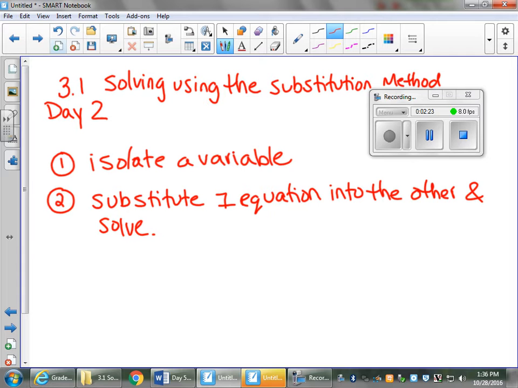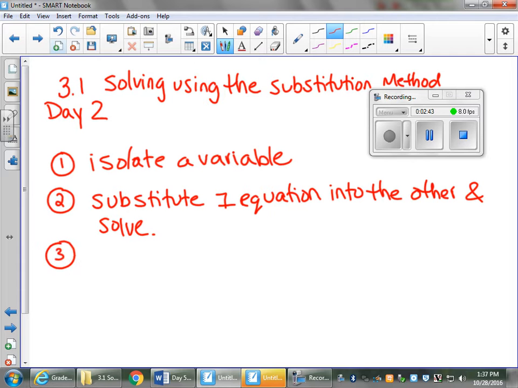This is going to be very similar to what we were doing when we did composition, when we composed functions and subbed one function into another function. It's that similar idea here. Once you do step 2, you're going to have one answer. You're either going to have what x equals or what y equals.